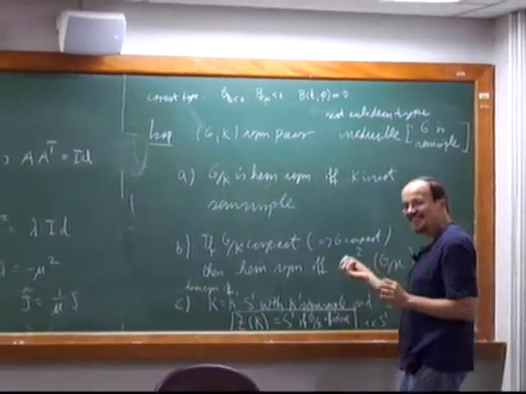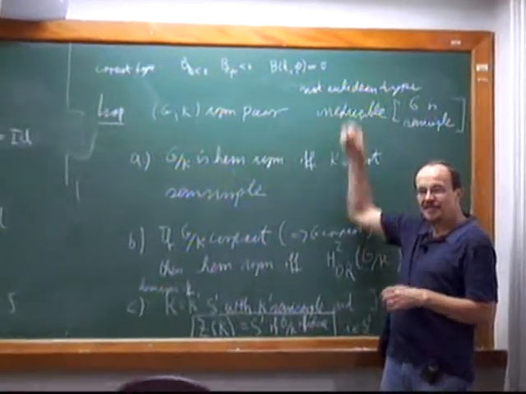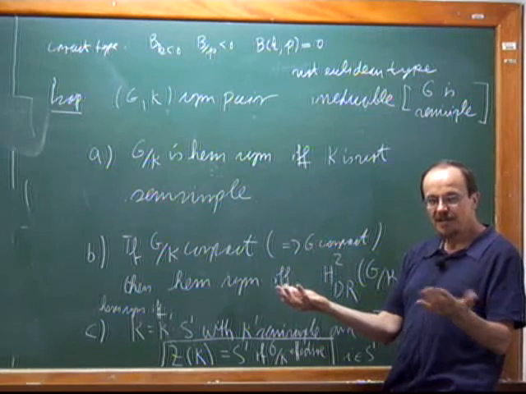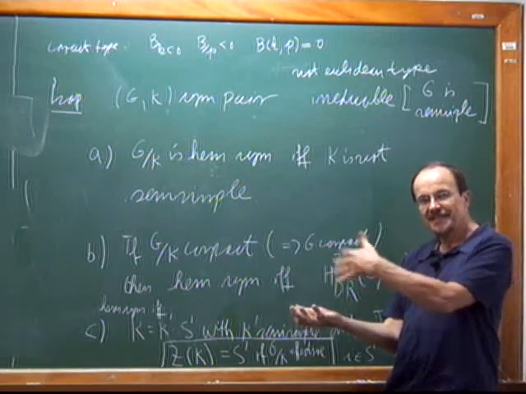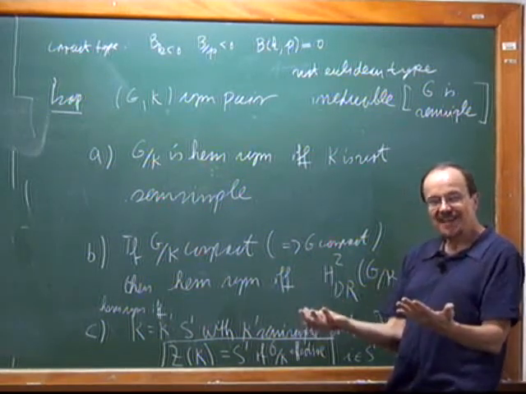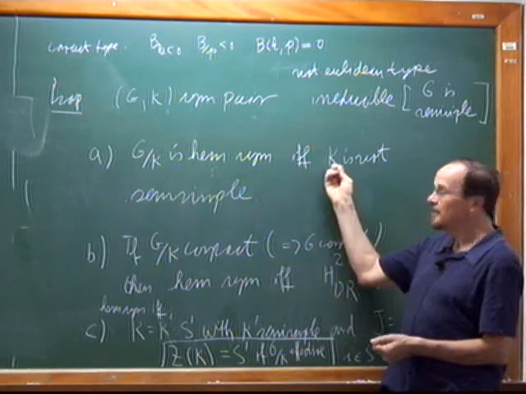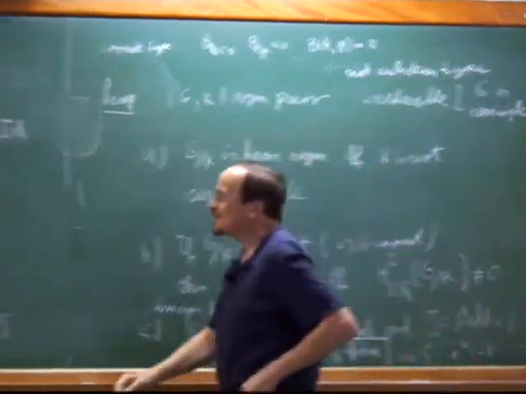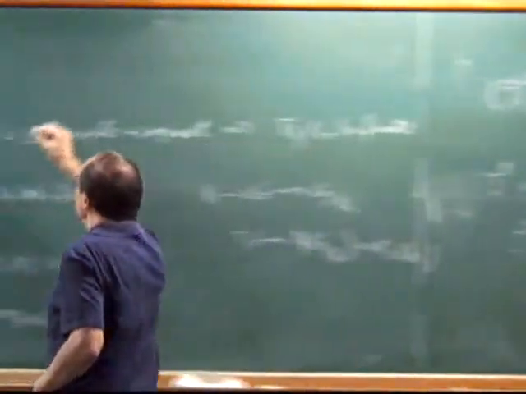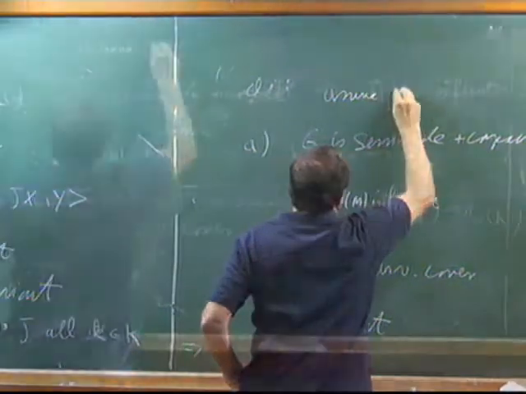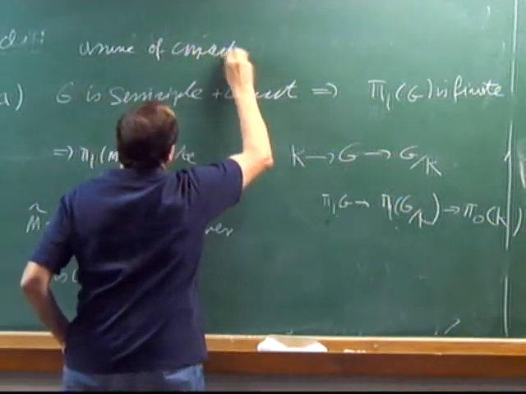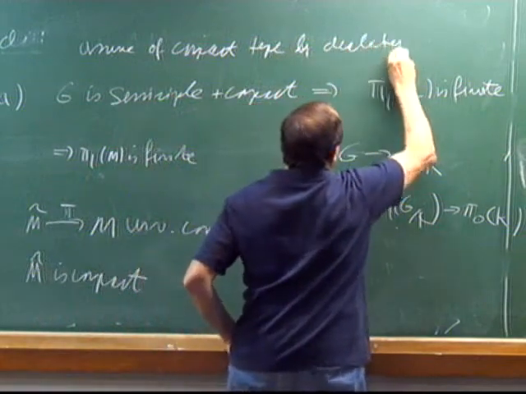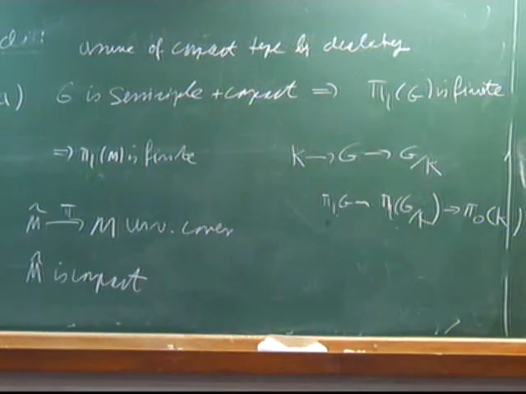Because by duality, you see it's irreducible. It's either non-compact or compact. K is always compact, but G may not be. If it's non-compact, take the dual. That is compact, and they have the same K. This is a statement about K here. So I might as well assume it's of compact type by duality. So M tilde is compact.